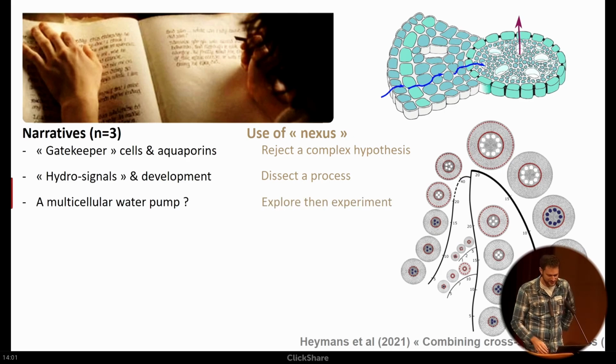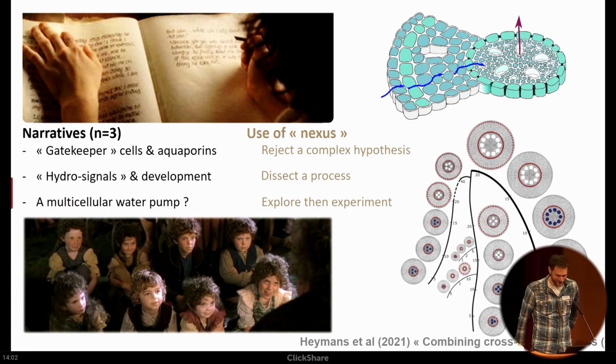And in this case, we have been exploring the use of the model at the very small scale. And then there are surprising results that emerge. And the point now is to try to validate them experimentally. Now if you're ready for these 3 stories, let's go.